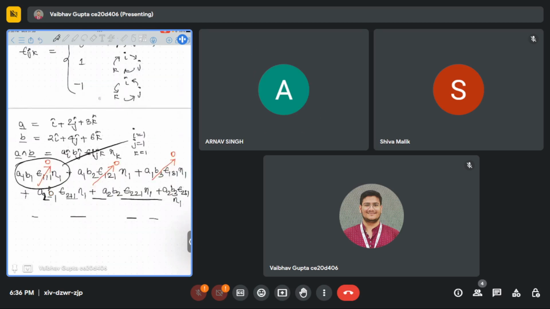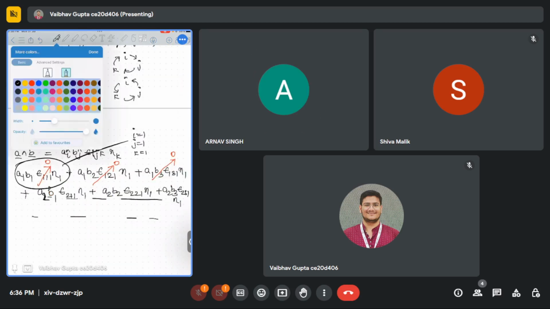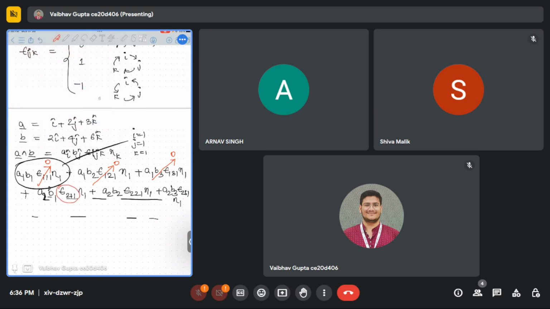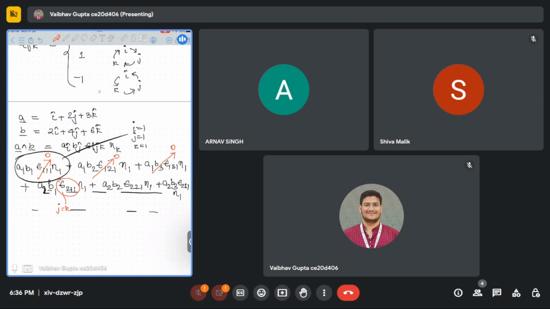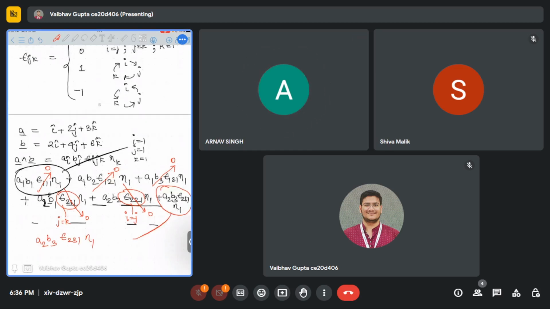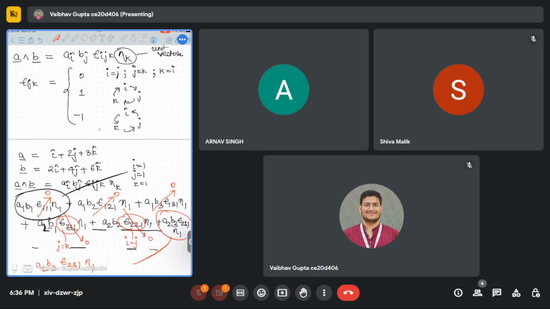Now moving forward. Here epsilon 211. Here j is equal to k. So again this epsilon goes to 0. Here again i is equal to j. So epsilon again goes to 0. But in this thing, it is A2 B3 epsilon 231 eta 1. So suppose if I denote i as 1, j as 2, k as 3.